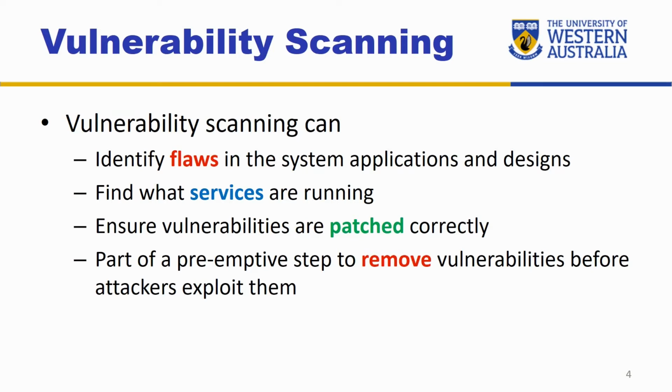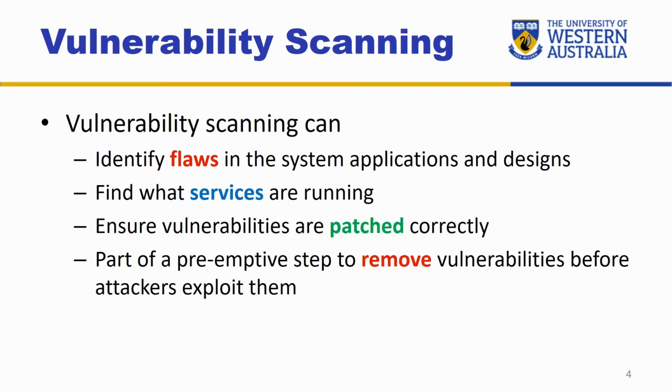So for us to remove and patch those vulnerabilities, we need to be able to identify and find them. One of the approaches is to use vulnerability scanning. Of course, we can try methods such as penetration testing to discover those vulnerabilities, but a trial and error style may not be consistent and systematic for different types of systems.